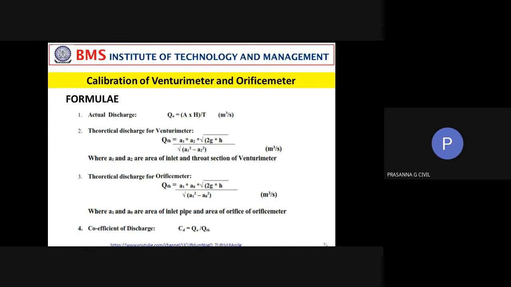The theoretical discharge formulae for venturi meter, A1, A2 into root of 2GH divided by square root of A1 square minus A2 square, where A1 and A2 are the area of inlet and throat respectively. Similarly, for the orifice, the formula is the same, but area of inlet and area at the orifice, A1 and A0. Coefficient of discharge is given by Q actual by Q theoretical.